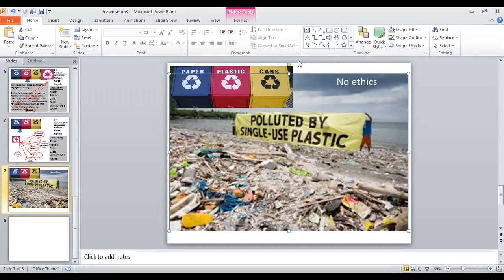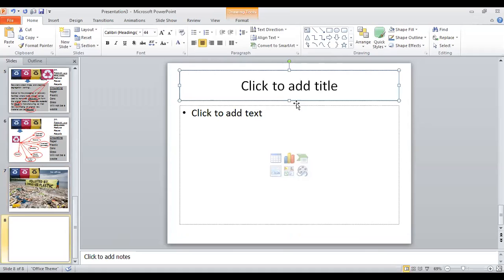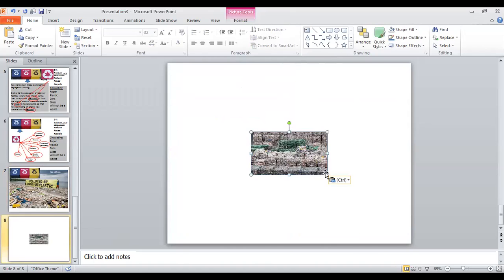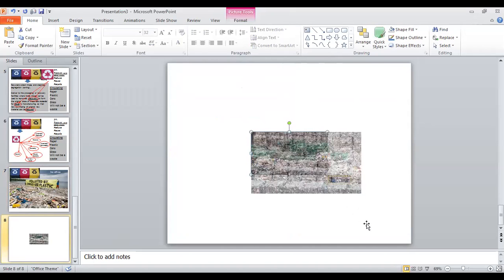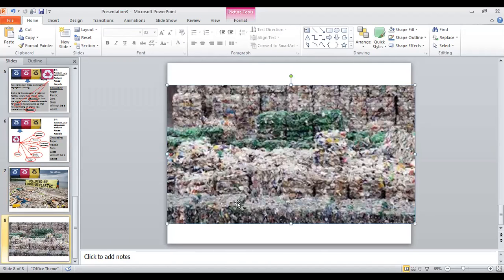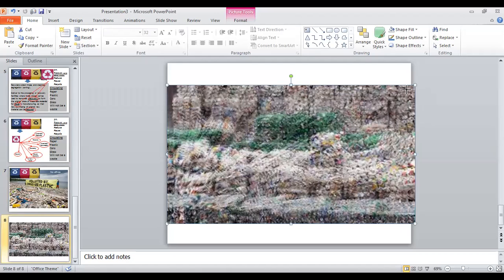Yes. So you can see garbage mountains in some areas. This is probably in a recycling center.